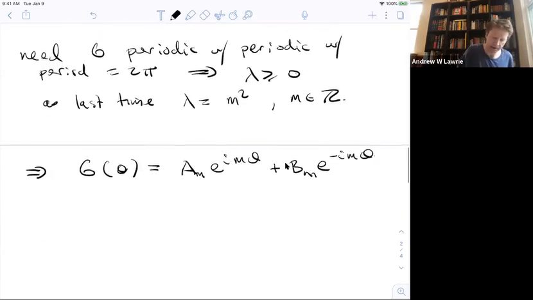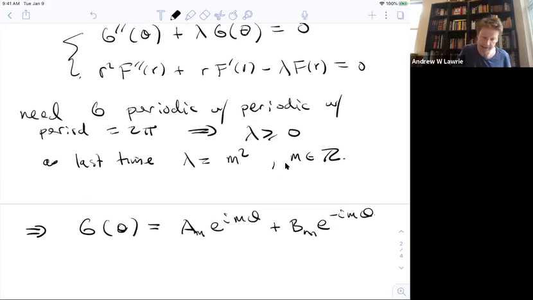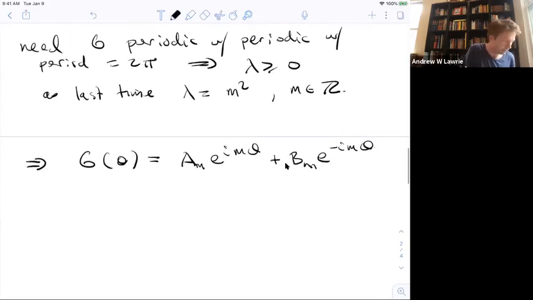And for now, okay, so now we go back to the equation for f. We try and solve this more complicated looking equation for f. And I'll save you the trouble.